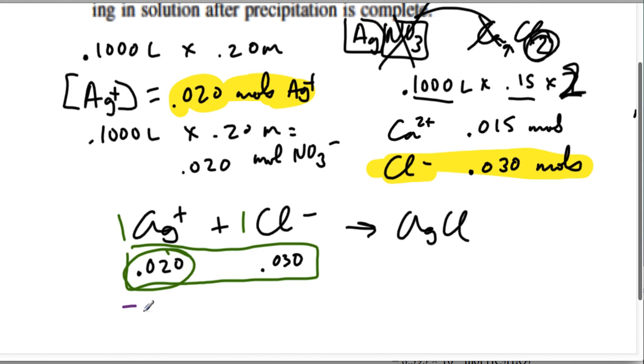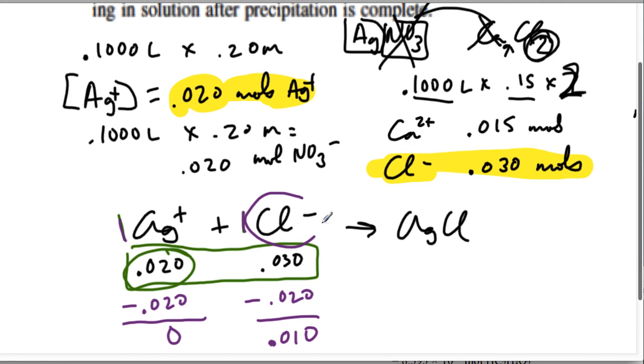So I'm going to use minus 0.020, because I'm using all the moles of this, so it's going to be 0, minus 0.020, because it's a 1-to-1 ratio, which means I'm going to have leftover 0.010 moles of Cl. So this technically is my excess, because I have leftovers, and this is my limiting.